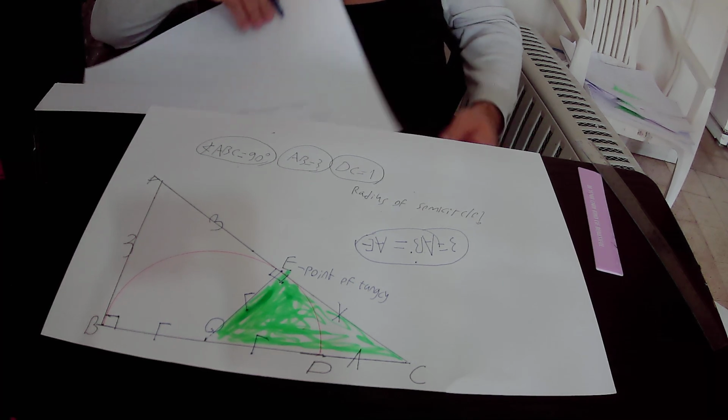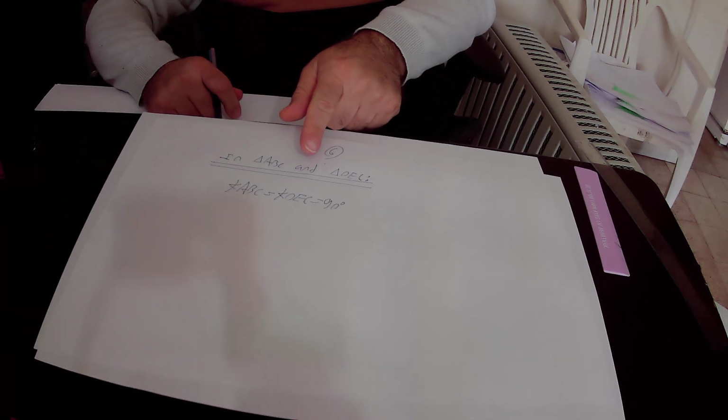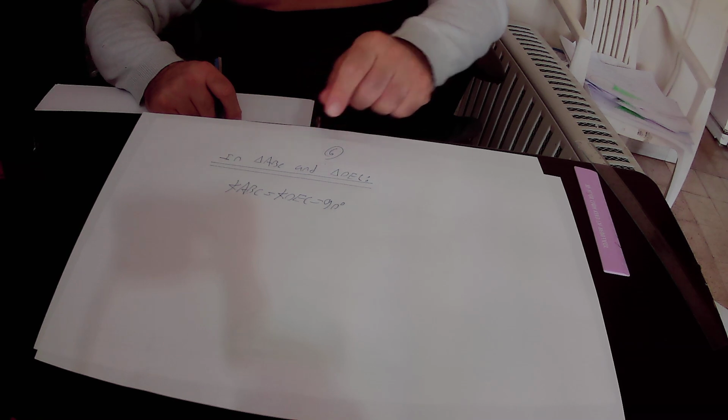So angle ABC equals angle OEC equals 90 degrees.